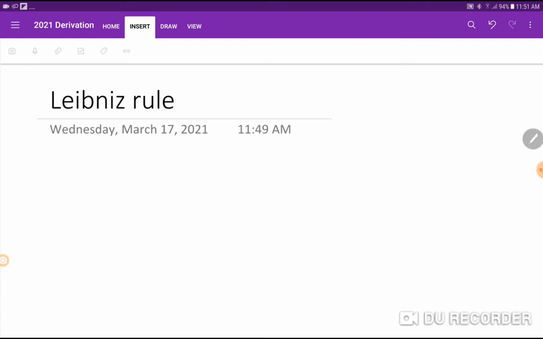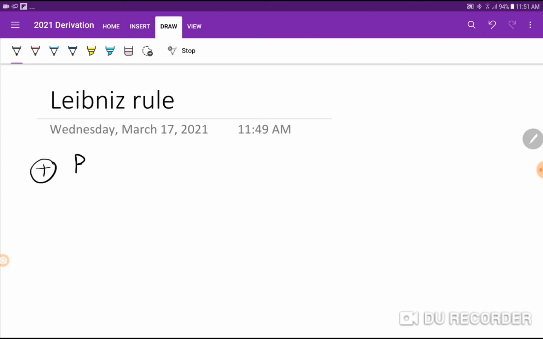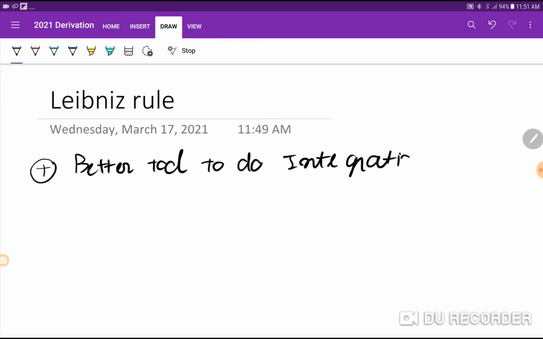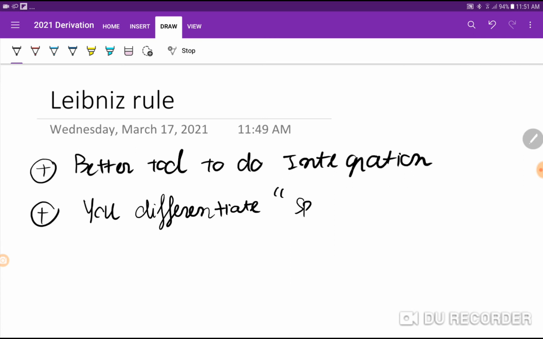So right now you need a better tool to do integration. First thing. Second thing, you need to differentiate special functions.